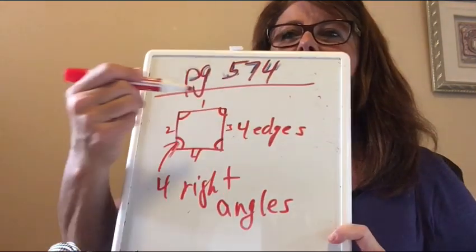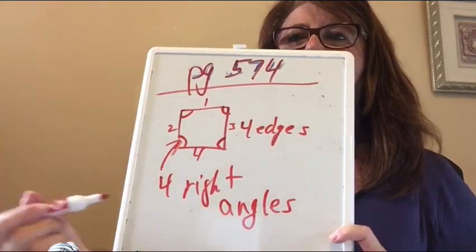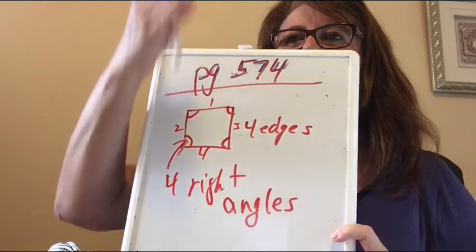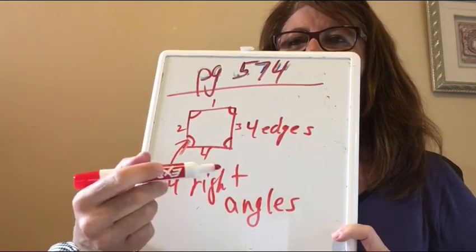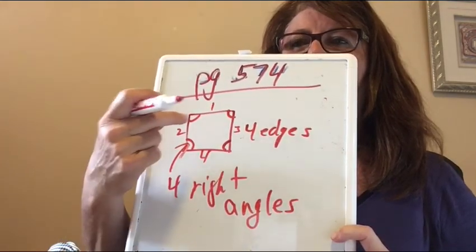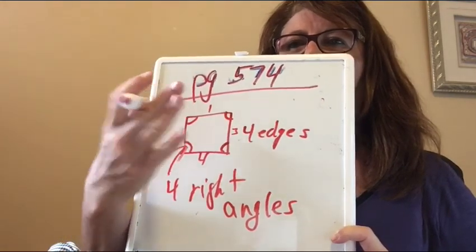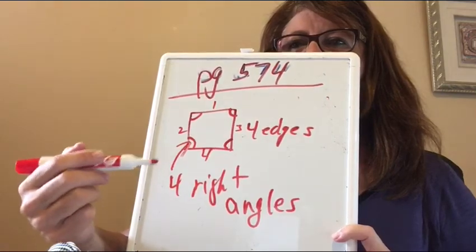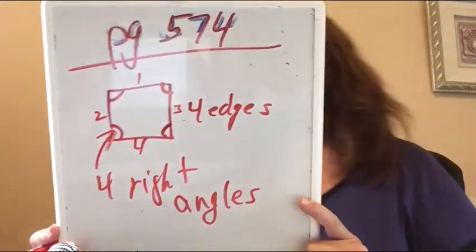In the corners there is your angle. This and that makes your right angle. So you have 4 edges and 4 right angles. So you guys just have to memorize what those meanings are. Edge, vertex, you just have to remember them.